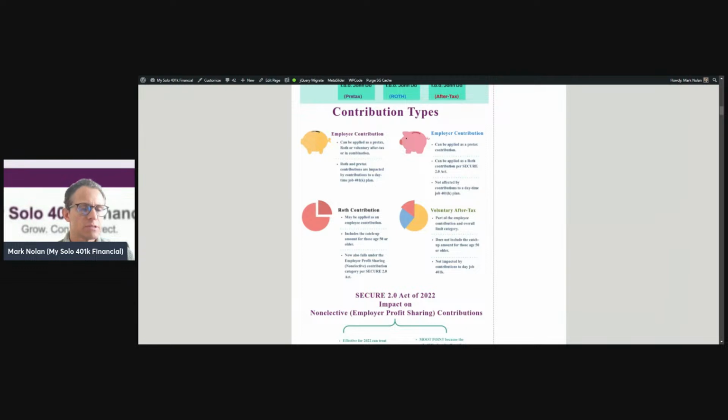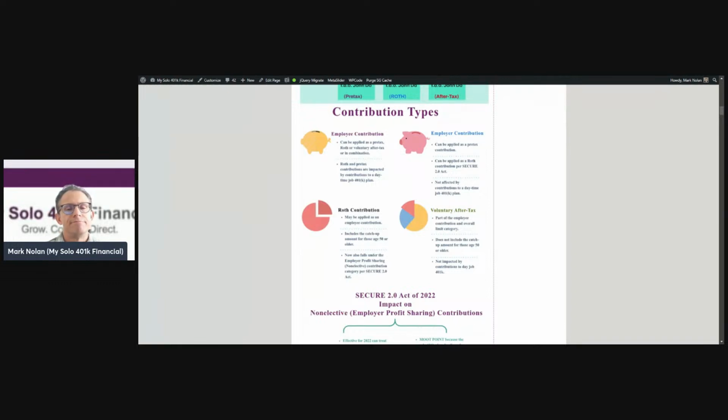On the other hand, if your self-employed business is a sole proprietorship, that would be 20% of your line 31 Schedule C. Well, now you can also do employer Roth solo 401k contributions, in addition to employer pre-tax contributions. And that's because of Secure Act 2.0. That's the act that now allows employer Roth solo 401k contributions.